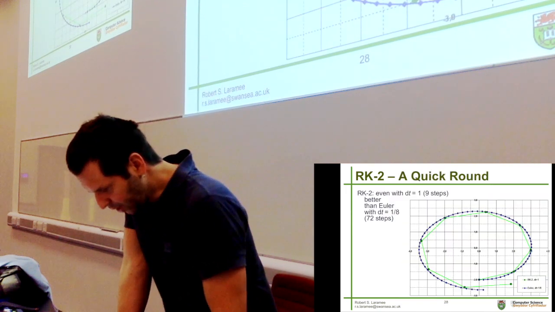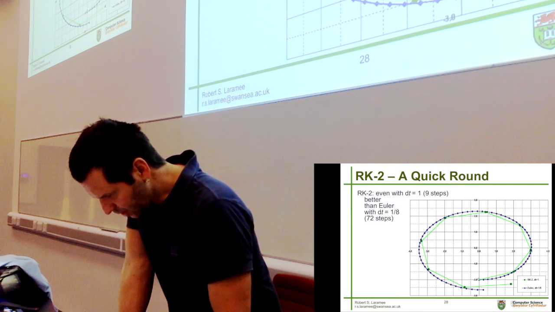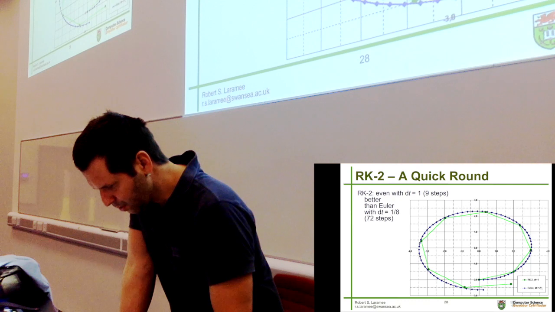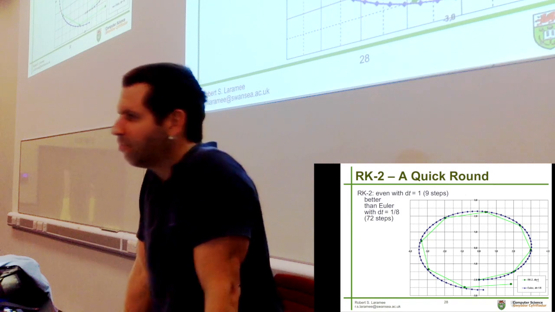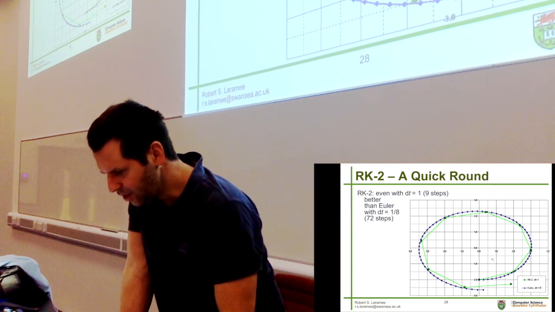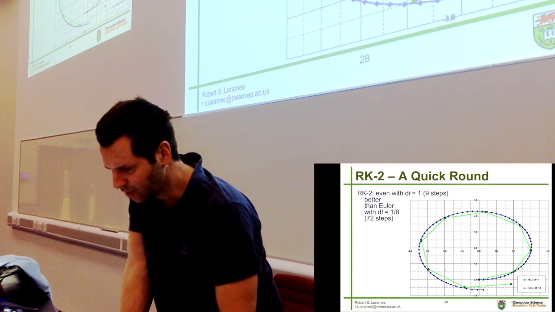So this is a comparison of the two integrators. This is the original Euler integrator, and look, these are the points we're computing with a dt of 1/8. Here is the Runga-Kutta integrator, the green streamline approximation, and dt is 1, which is a lot bigger than 1/8. And they approximate kind of the same streamline.